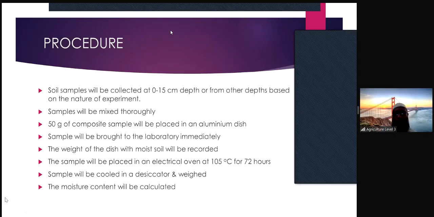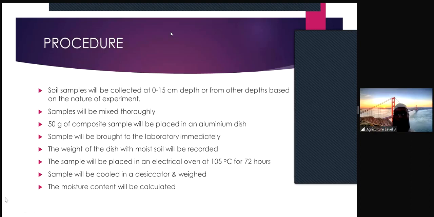Like, say, you have collected a soil sample and you left it exposed in the air while collecting different samples.